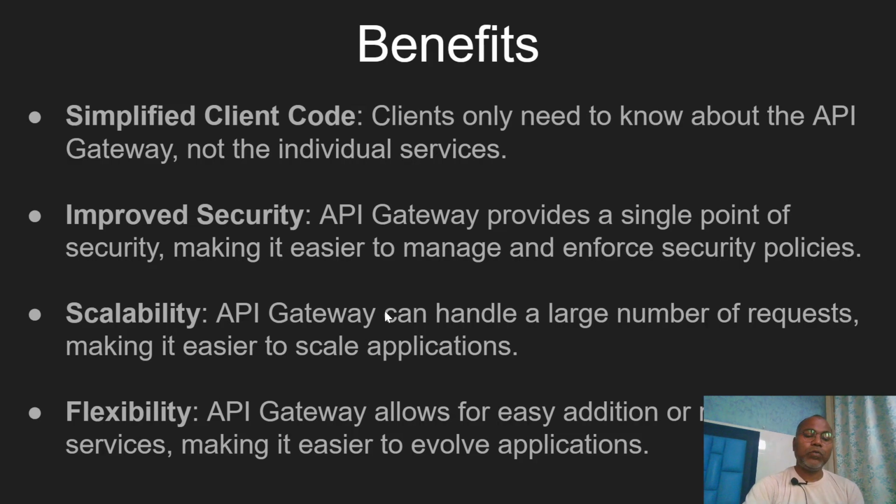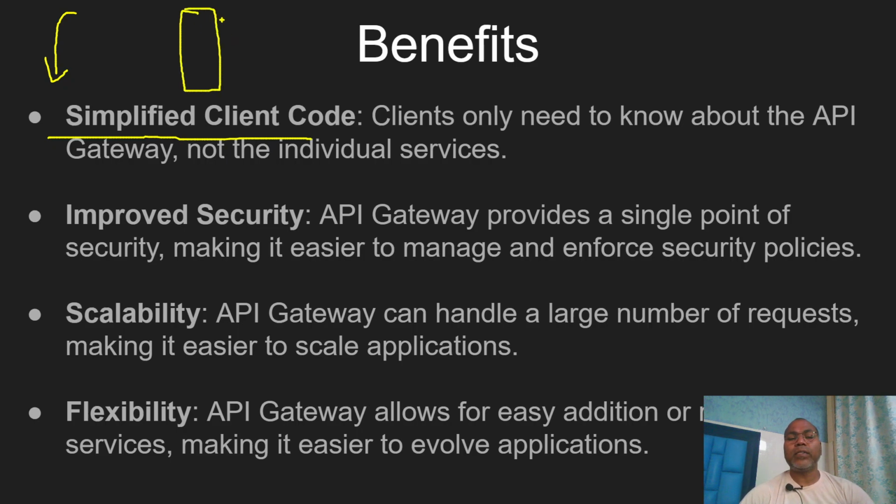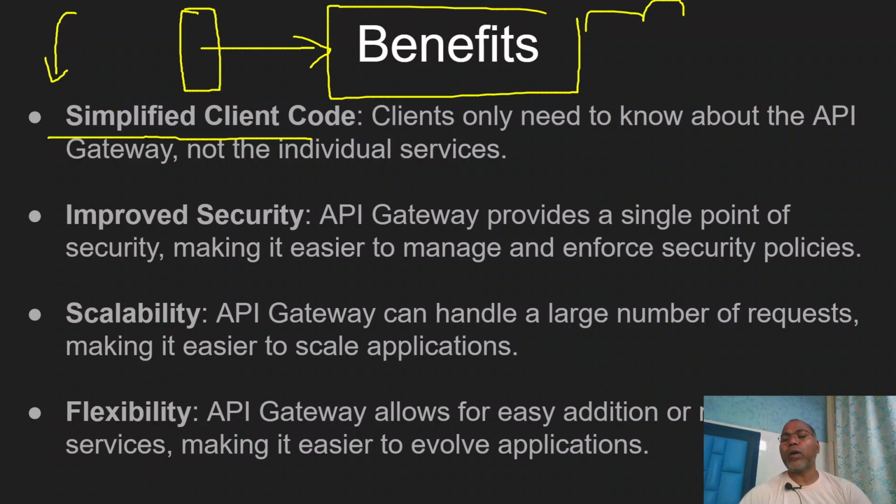Whenever I am using an API gateway in my application, by default our application can get some benefits, like simplified client code, because the client no longer has to manage or be aware of the list of all exposed services. It is very simple: this is the single point of contact I am going to call, the API gateway, and behind the API gateway, however many microservices or independent component APIs are deployed, don't worry.